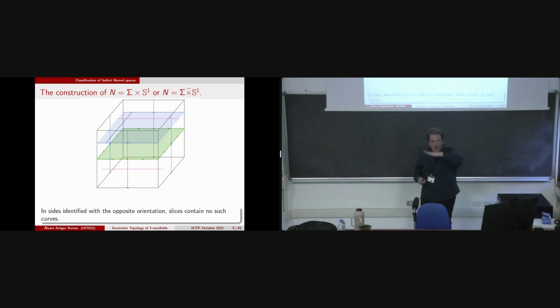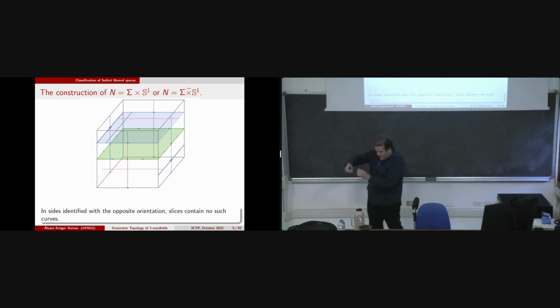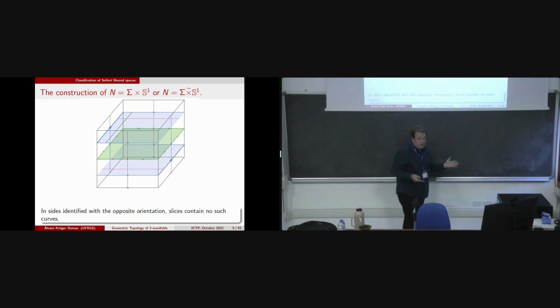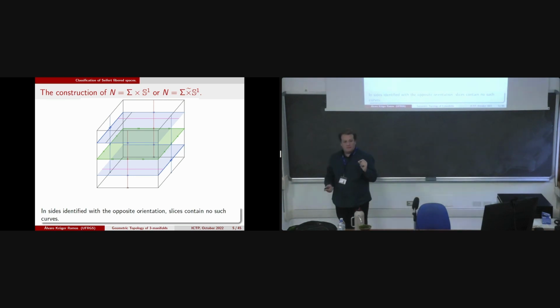It reappears on the slice 1 minus x if we are taking coordinates. And now this is a closed curve, because this side is going to be identified with the other side with the opposite orientation, and then you close it up. So here, this blue thing is actually a double cover of your green thing.